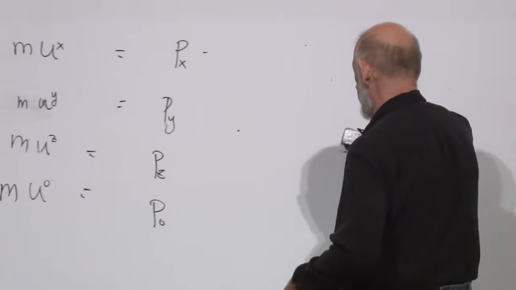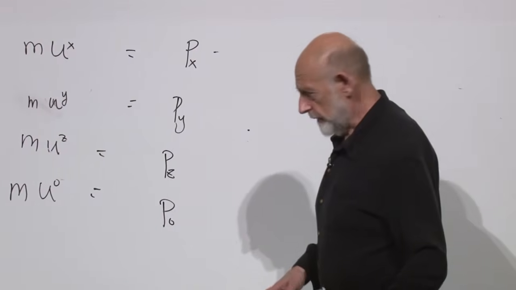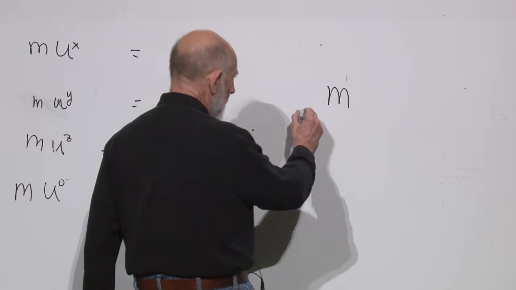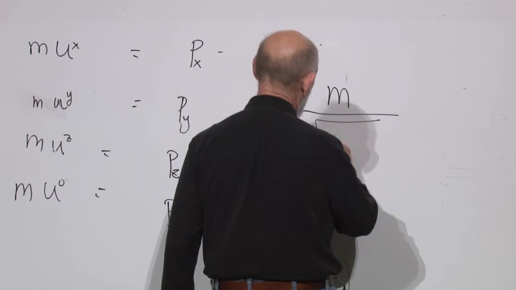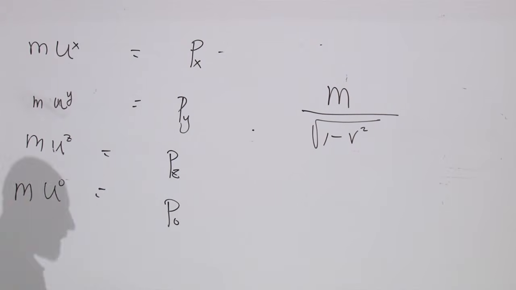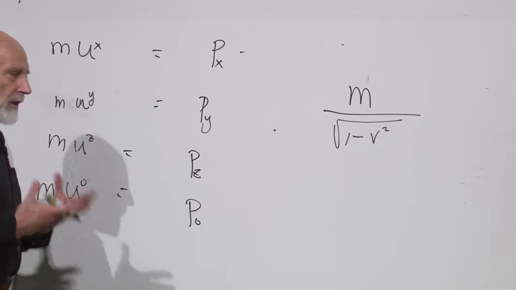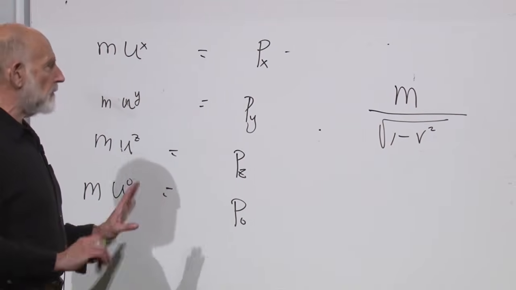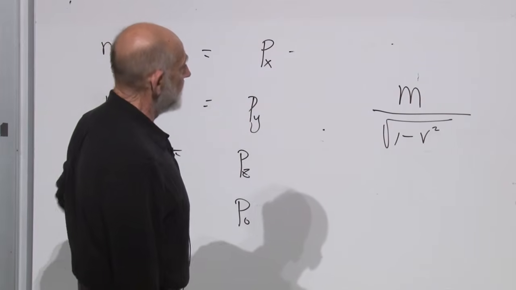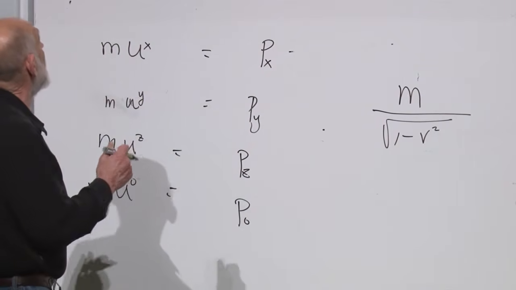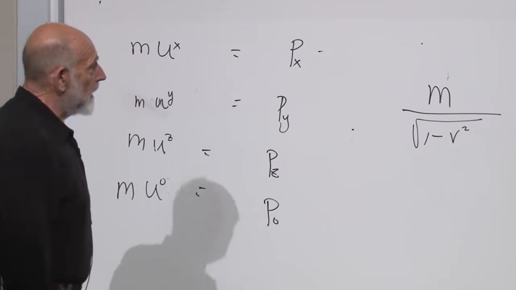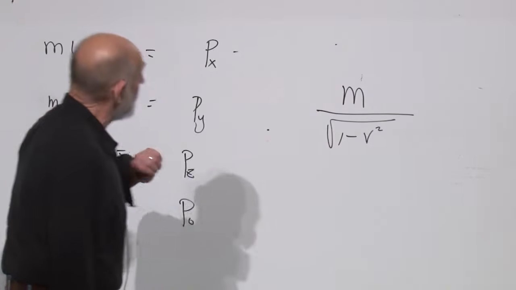Okay, let's look at U naught. That is m over the square root of 1 minus v squared. That's what we're calling the energy of the particle. Now, before we restore units, let's use the binomial theorem to approximate this.